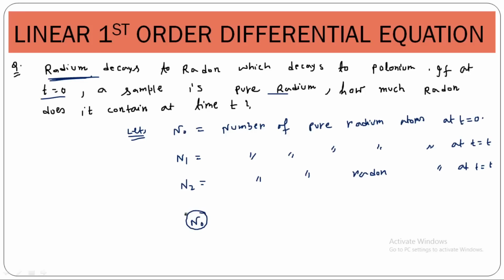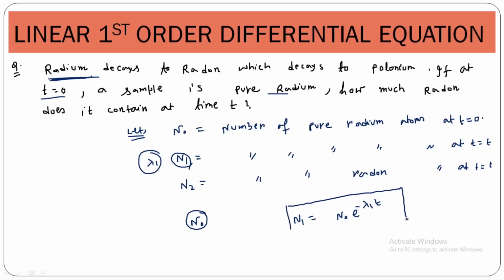At t is equal to t, the number of radium atoms is N1. If the disintegration constant is lambda 1, then from our previous problem N1 can be written as N0 e to the power minus lambda 1 t.